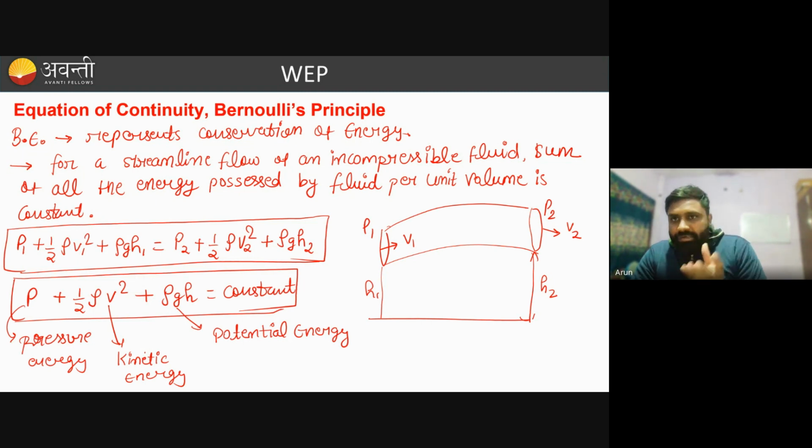Also, we are not considering the viscous force possessed by the fluid itself. Because of the viscosity, there is a frictional loss, a loss of energy, and that we are not considering here. So we have considered a streamlined, smooth flow, and an incompressible fluid. Okay, so keep these two limitations in your mind.